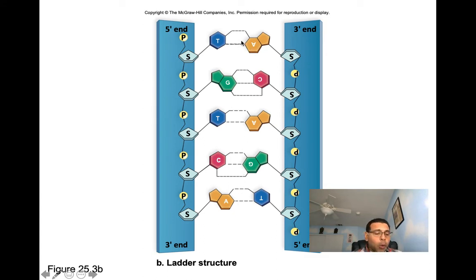Adenine always pairs with thymine. And they're held there by 2 hydrogen bonds you can see. Guanine always pairs with cytosine. And they're held together by 3 hydrogen bonds. Notice that a purine is always bonded to a pyrimidine.